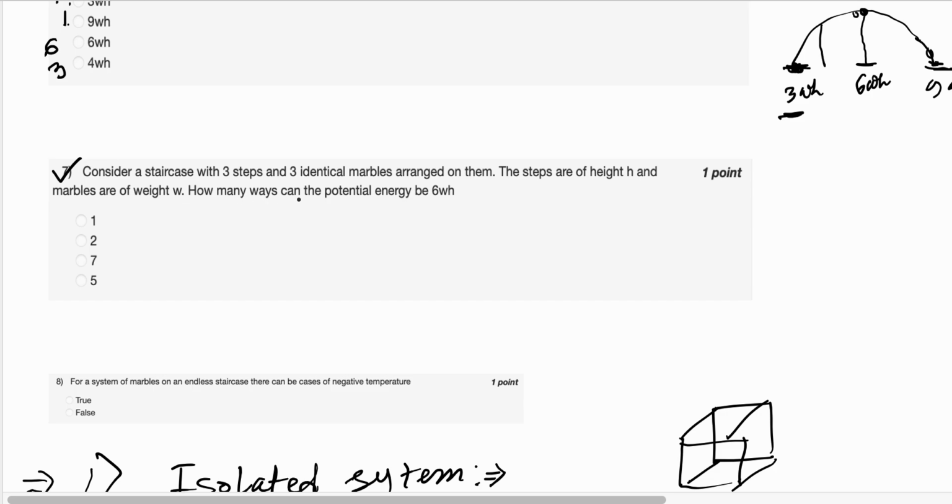How many ways can the potential energy be 6wh? Now the catch here is that these marbles are identical, right? So how many ways can you get the potential energy? Exactly 3 steps are there and 3 identical marbles are there.